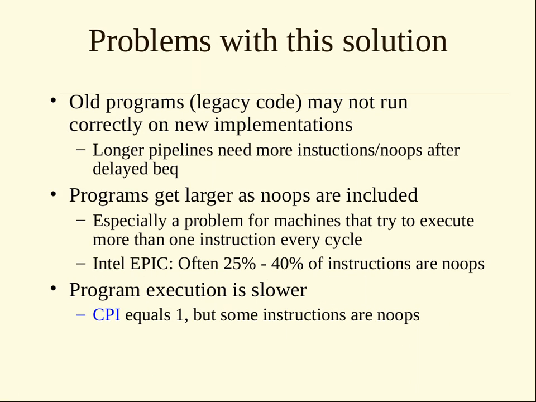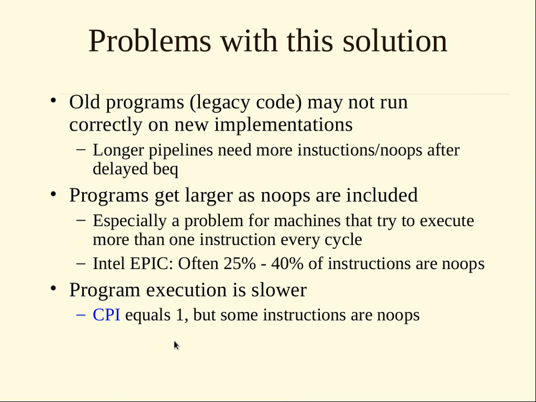Old programs may not run correctly because now you have to recompile all your software. Programs get larger with no-ops included, especially for machines that try to execute more than one instruction per cycle. If you remember the Intel EPIC, you often have 25 to 40% no-op instructions. Program execution is slower. Your CPI may equal 1, but a good number of your instructions are no-ops.